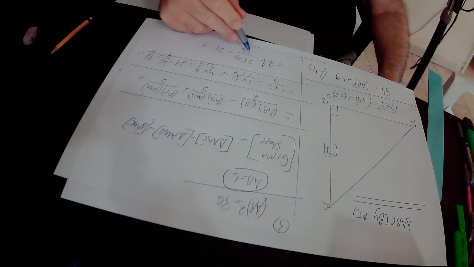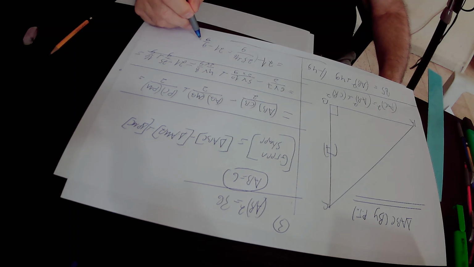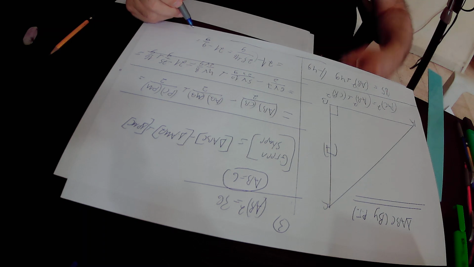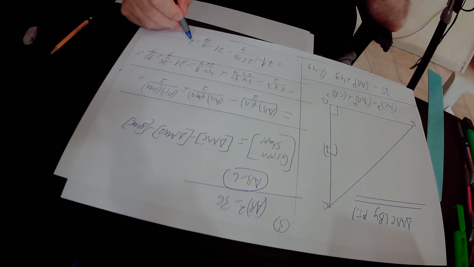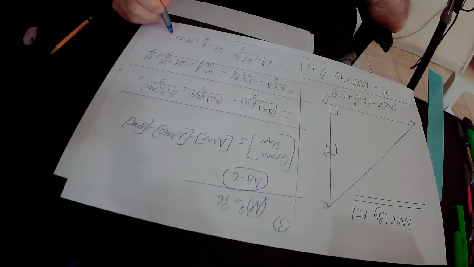So in total, this expression equals minus 9 over 9. So the area of the green shape equals 21, and minus 9 over 9 is minus 1, and 21 minus 1 is 20. So we found out that the area of the green shape equals 20 square units.